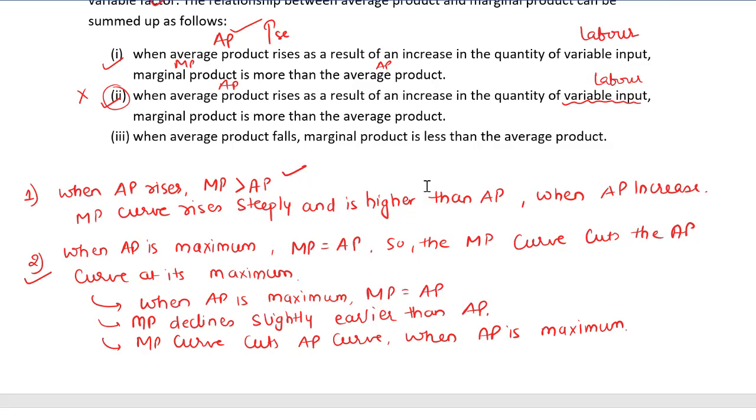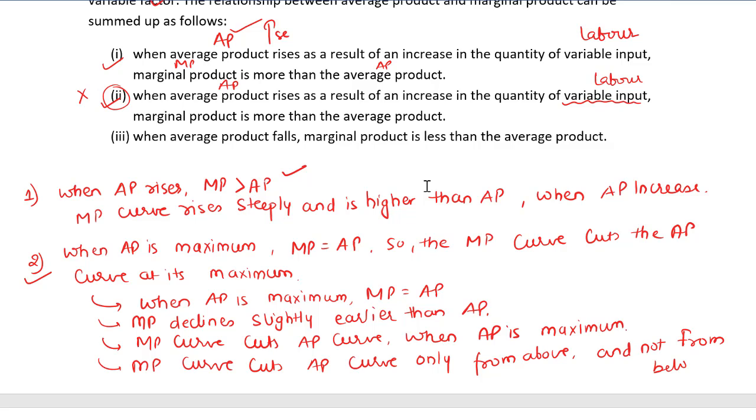The MP curve cuts the AP curve only from above and not from below. Did you understand?